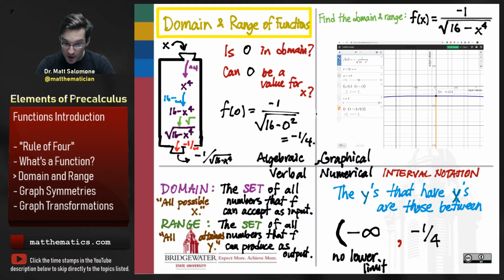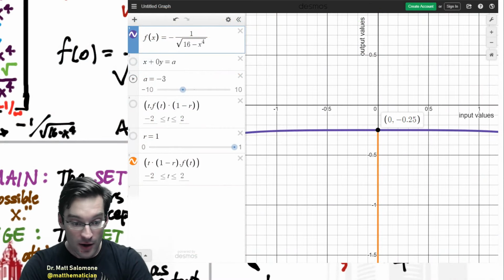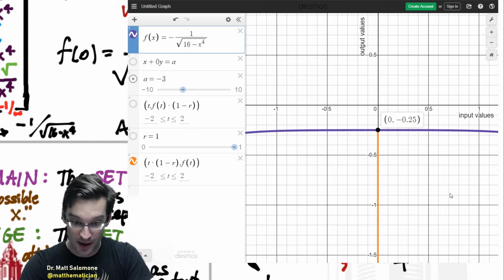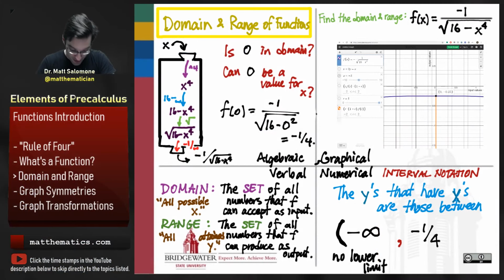Right? We know that that portion of the y-axis, which is covered by my graph, goes up as far as negative 1/4, right here. And it goes down with no limit at all. It goes down to negative infinity. But is negative 1/4 actually an element in my set? Is it actually a value of y that gets attained by my graph? And the answer here is yes, it is.